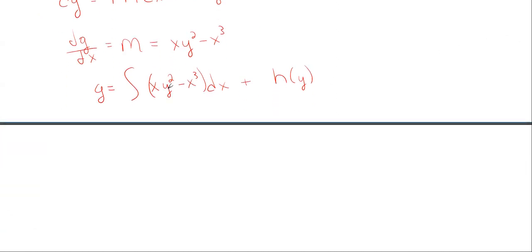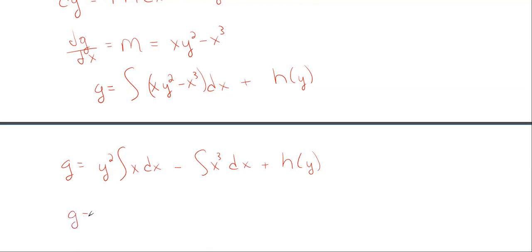So let's go ahead and pull y squared out because we're integrating with respect to x here. So we would have g is equal to y squared, the integration of x dx, minus the integration of x cubed dx, plus our constant h of y. So not very difficult expressions here to integrate.